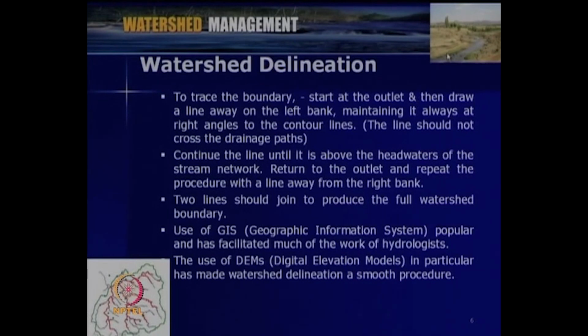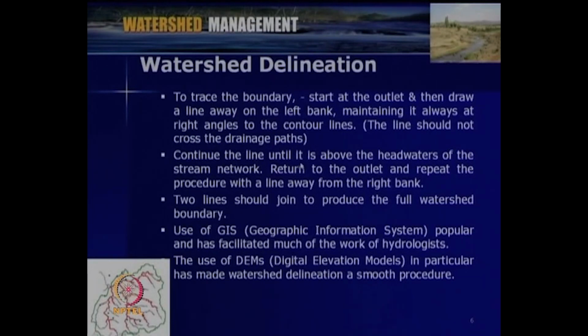We can identify the outlet and then draw a line away on the left bank, maintaining it always at right angles to the contour lines. So, the watershed boundary will always be crossing the contour lines at right angles. The line should not cross the drainage path.